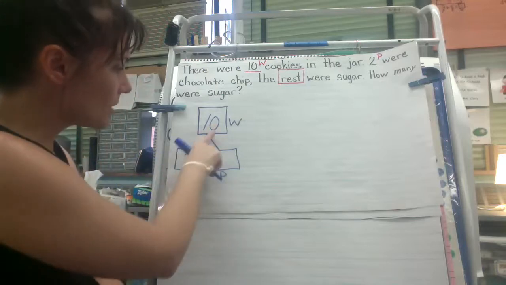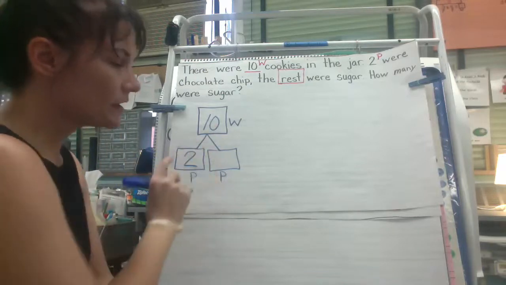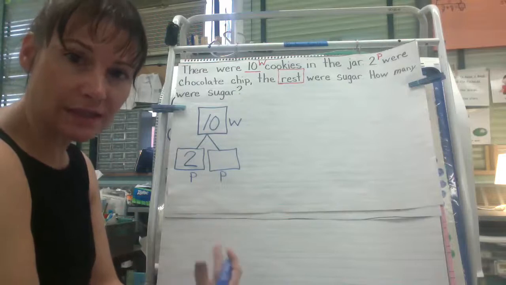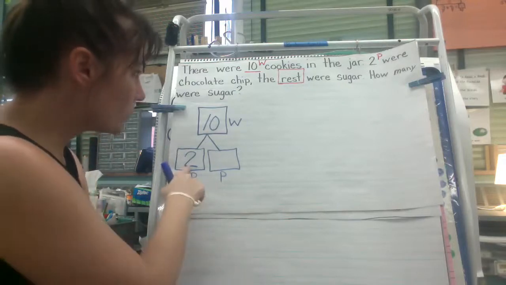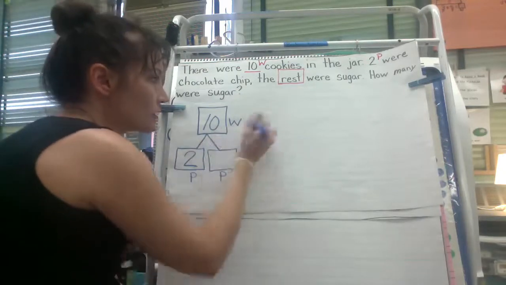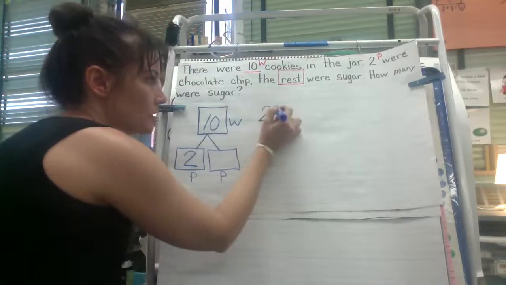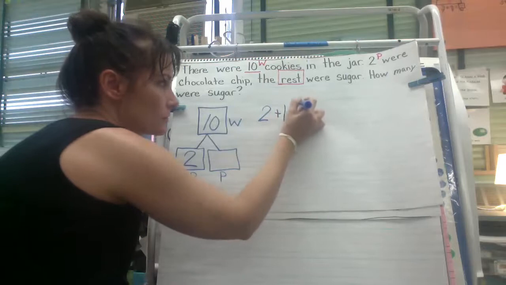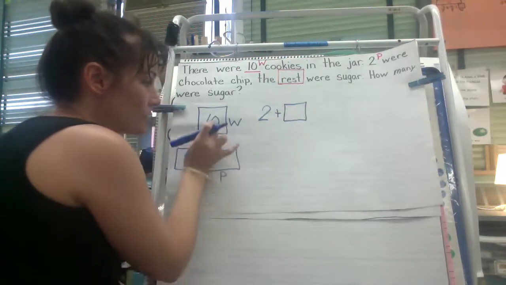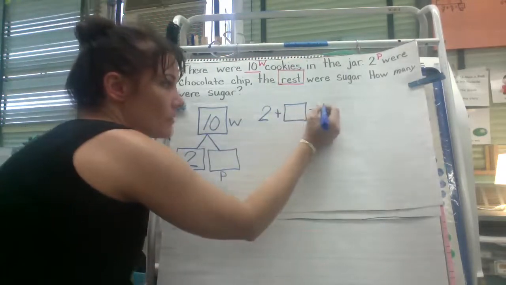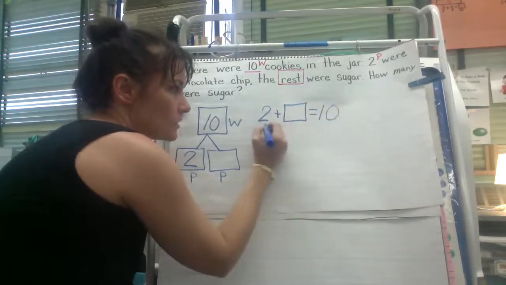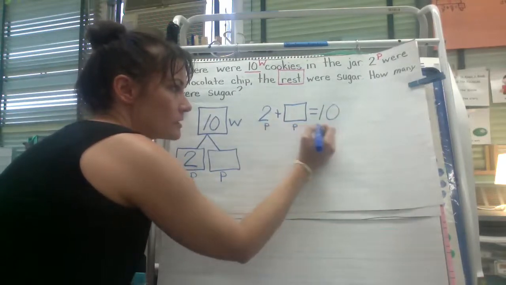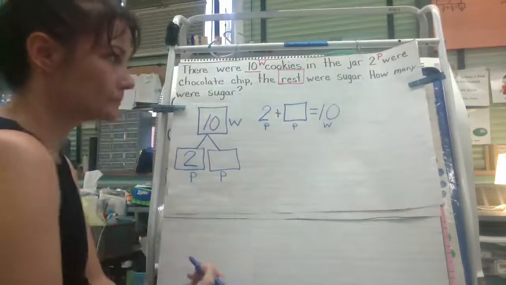Now I'm looking at my number bond and I'm thinking about how these numbers work together. I know that a part and another part go together to make my whole. So there's my part, and my whole.